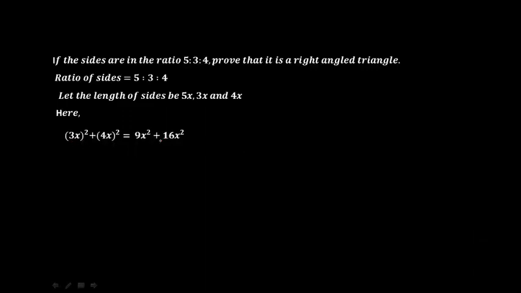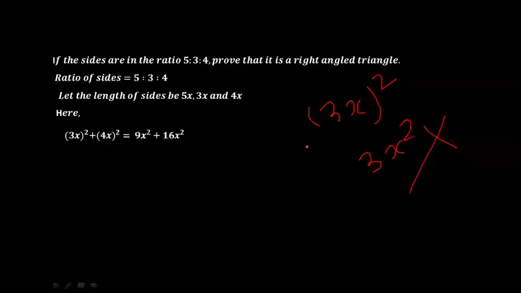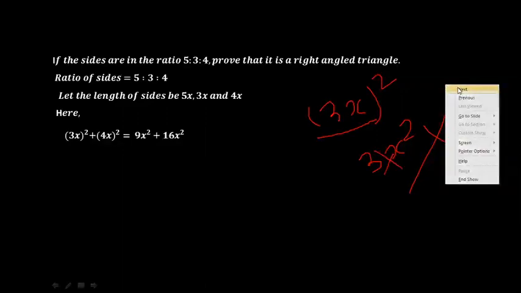Instead of writing (3x) whole square inside the bracket, if you write 3x square, it's wrong. So be careful. (3x) whole square will be written like this, inside the bracket.